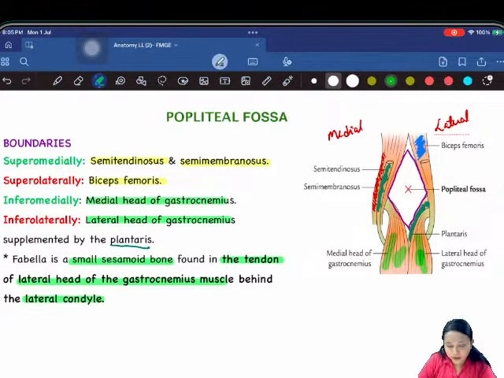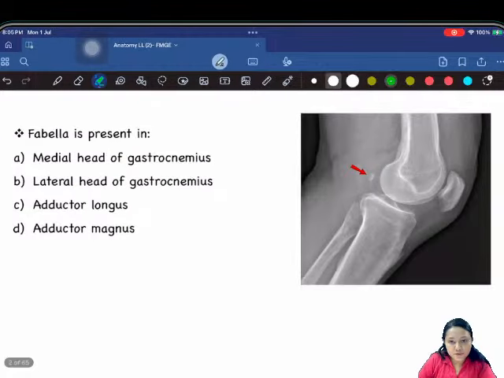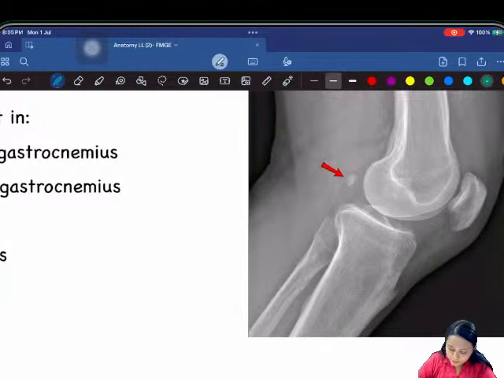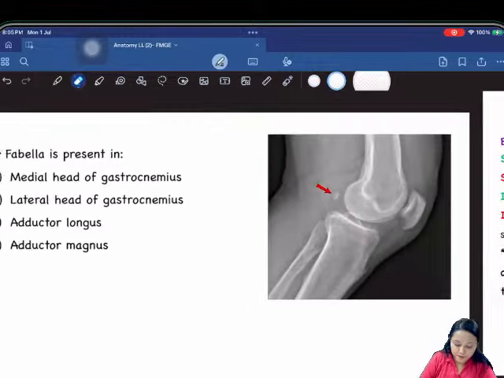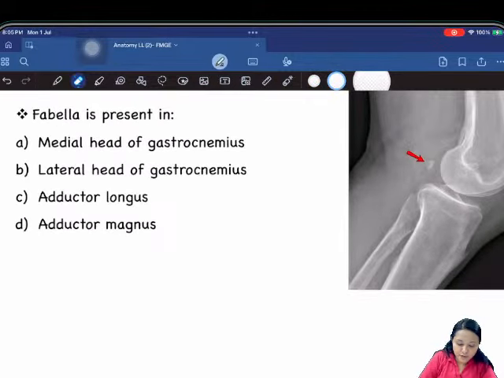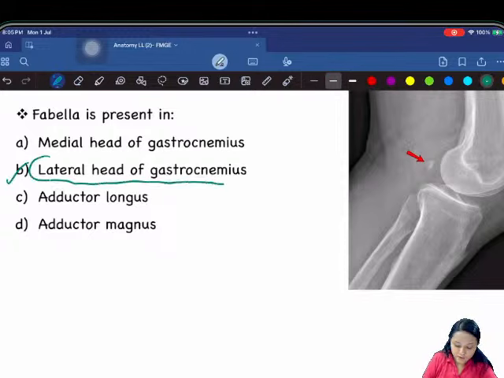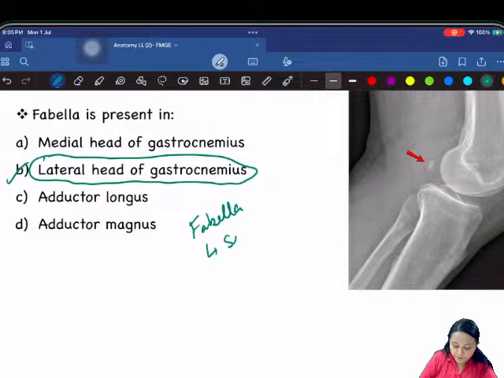So if you attempt this question, as you can see here, this structure is a sesamoid bone present in the tendon of the lateral head of gastrocnemius. So the answer will be the lateral head of gastrocnemius, and the fabella is a sesamoid bone.